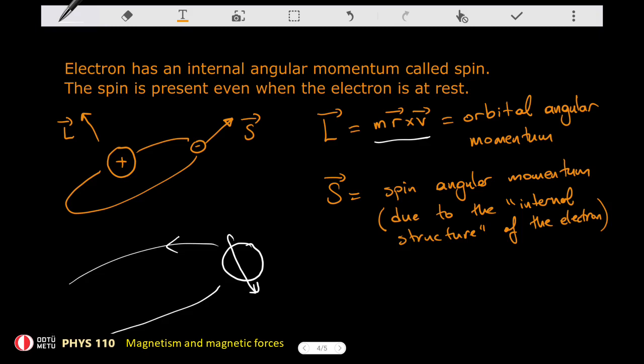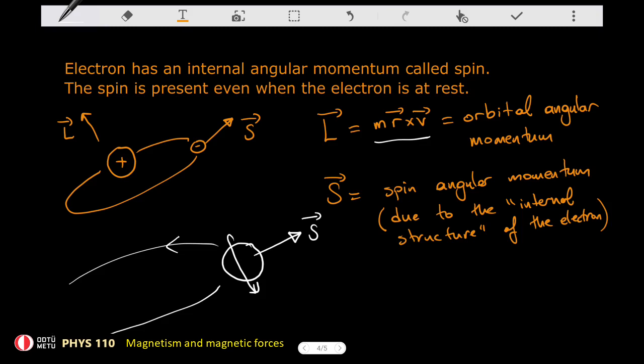So in this model, they imagine that this electron as a sphere is rotating around itself. This is a rigid body rotating around itself, so it has an angular momentum, which is given by moment of inertia multiplied with angular velocity or something like that. All right.